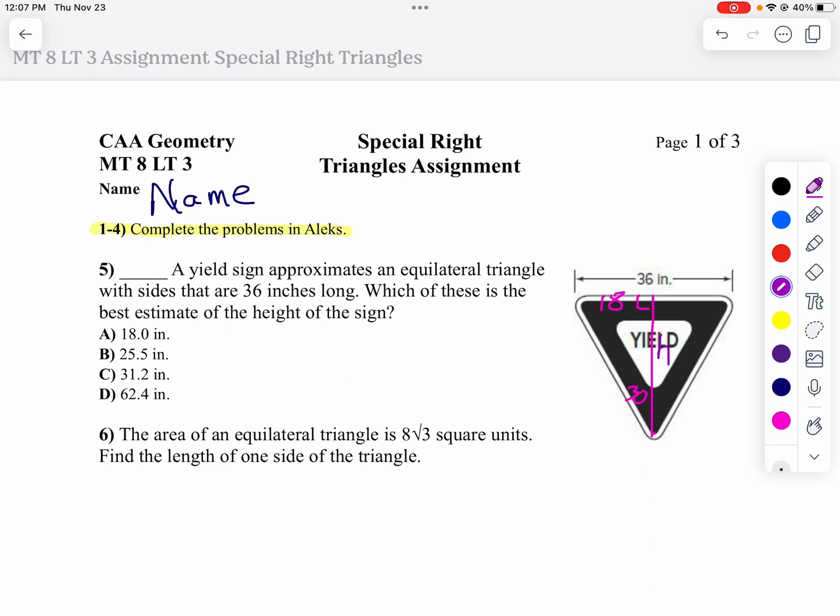of the yield sign. Well, the height is across from the 60-degree angle. So the height of my yield sign is going to be my short leg times the square root of 3. Well, in this case, my short leg is 18. So 18 times the square root of 3.